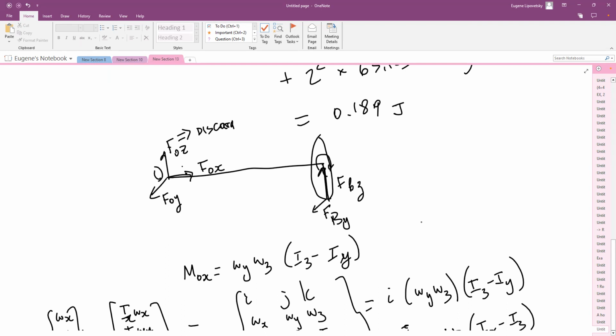Omega z is not 0. I guess that's what it is, right? Omega z minus omega y. But omega y is 0, right? So MOX should be 0. That means FBY is 0.